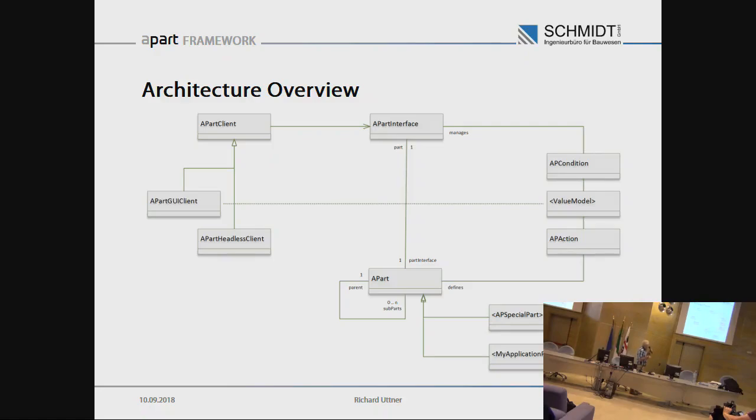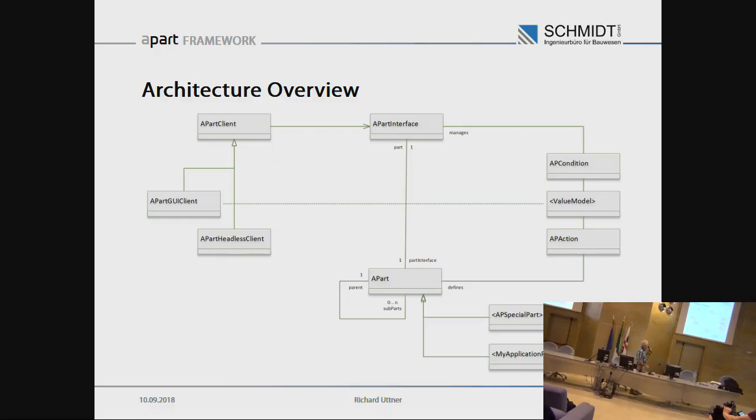And the aPart interface is the one entity that does the management of all those exposed values and coordinates the communication, including everything like announcements of changes and all that.